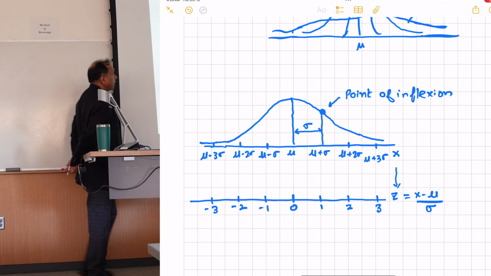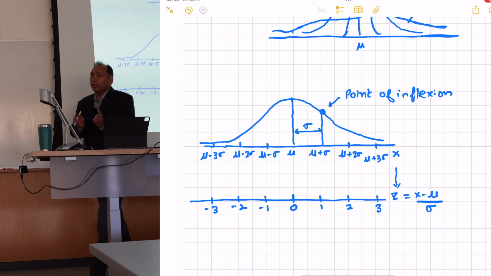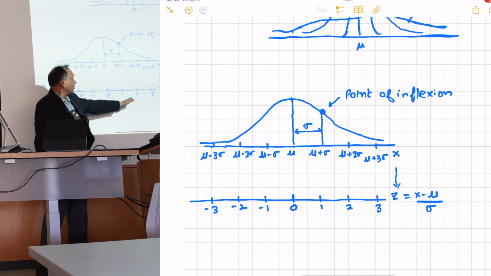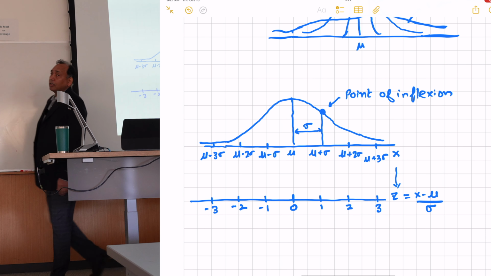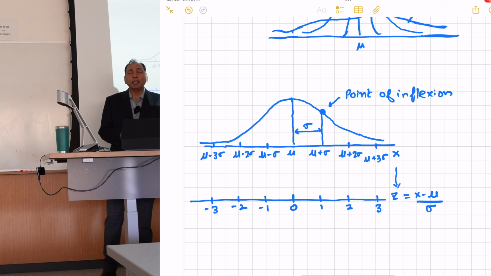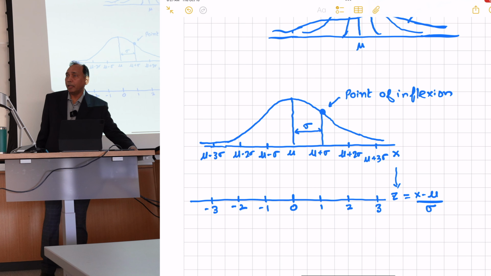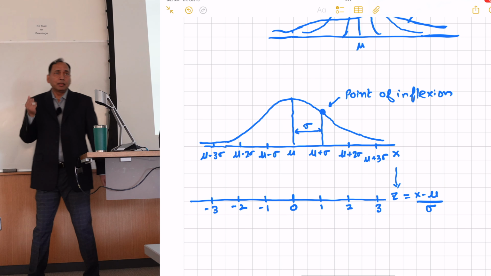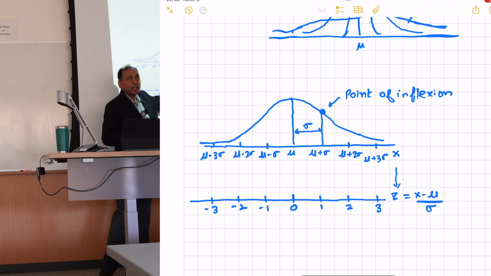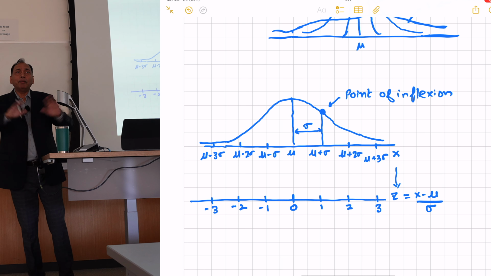So this is true for any distribution. Whatever the random variable x may be, it may be how much you sleep, you convert it into z, it will have the same axis. Or if it is how much Netflix somebody watches every day or every week, or a random variable measuring the thickness of a tabletop in millimeters, and you convert that into z, again the values will look like this on the z-axis. So the z-axis basically standardizes every normal distribution.